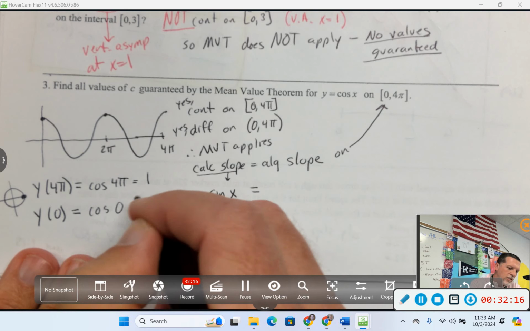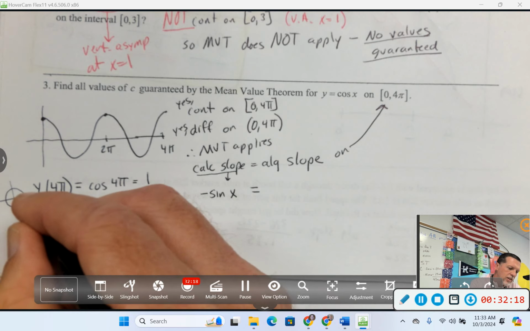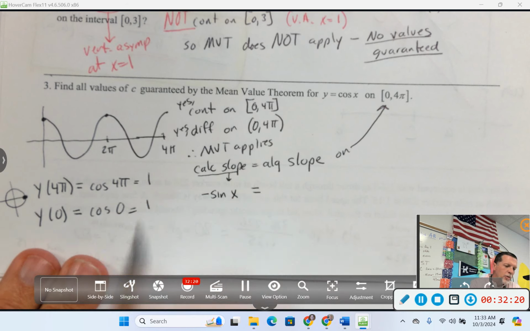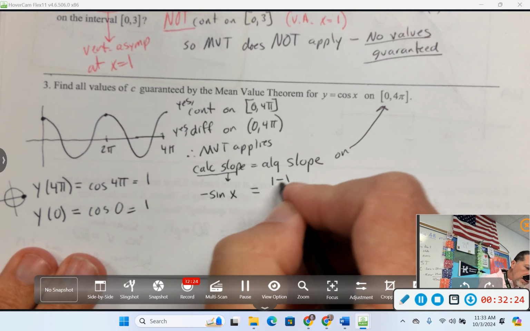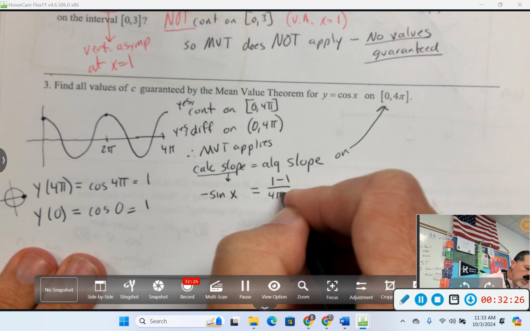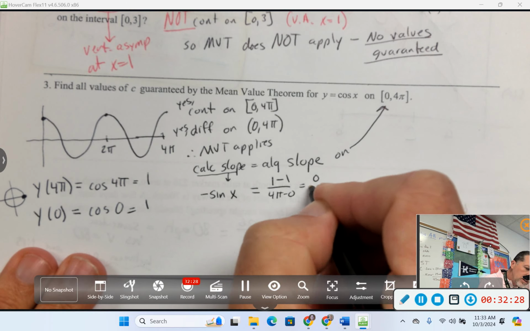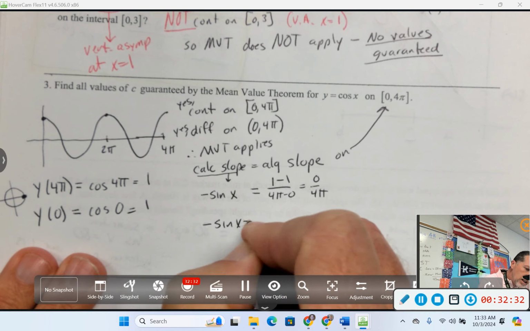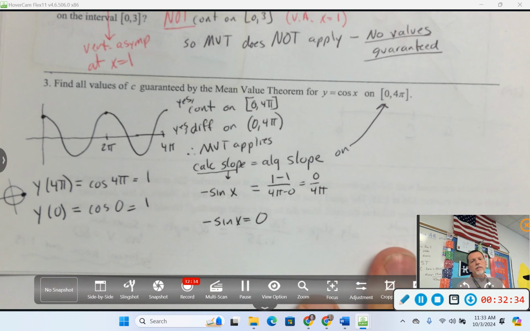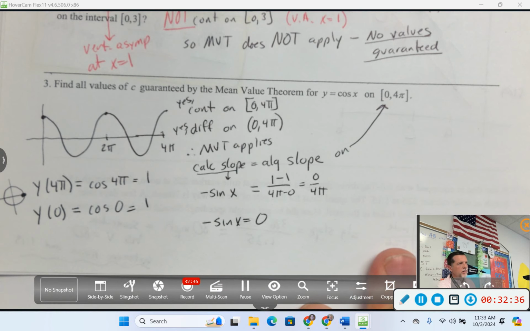And the cosine of 0, it's the same spot on the unit circle, so that's also 1. So 1 minus 1 over 4 pi minus 0. So negative sine of x equals 0.